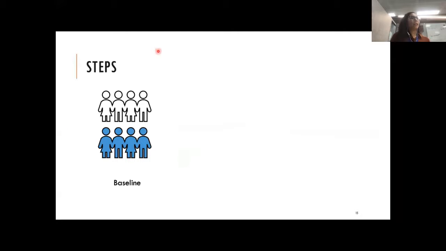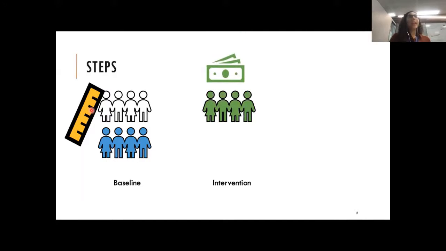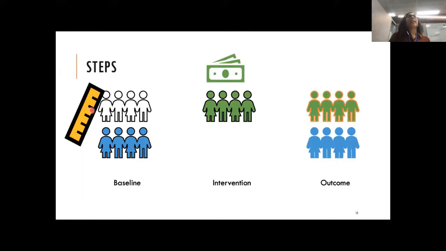The treatment receives the intervention and the control group doesn't. At the baseline we measure them. Then we provide the intervention, and then we see the outcomes at the end of the period, and we measure them again. That is the basic design of any impact evaluation.